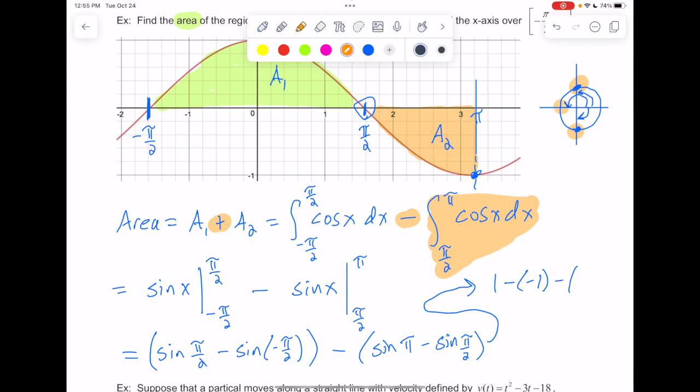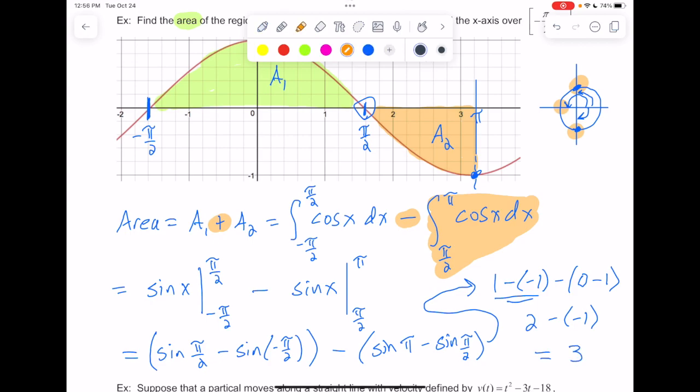Pi is right here. Sine is the y-coordinate. The y-coordinate of that spot is a 0. And then minus sine of pi over 2, which we already said was a 1. So right here we get 1 plus 1, so 2, minus a minus 1, so 2 plus 1, or 3.